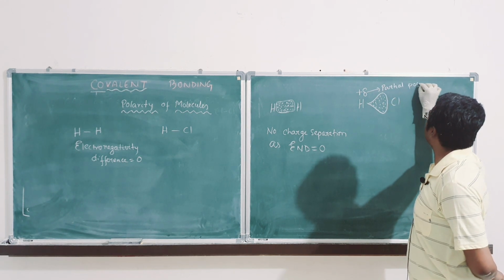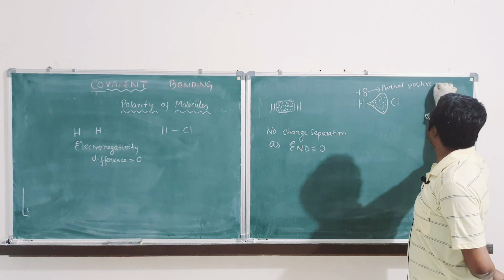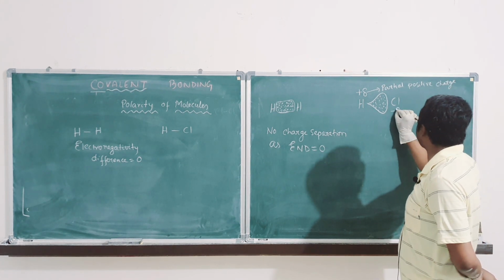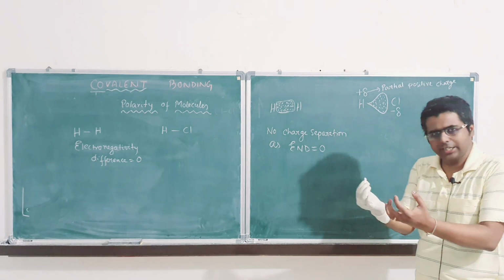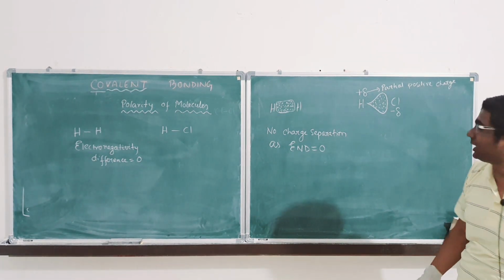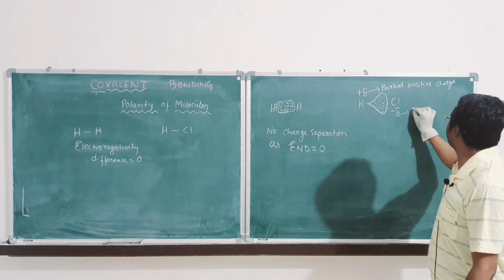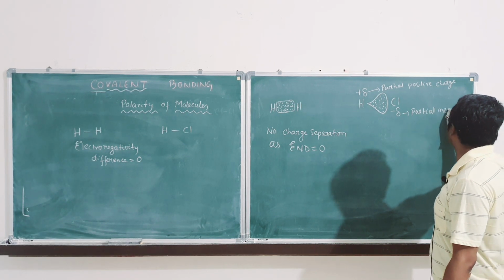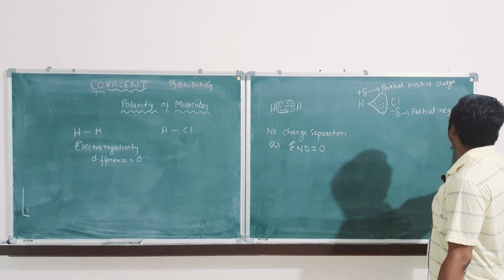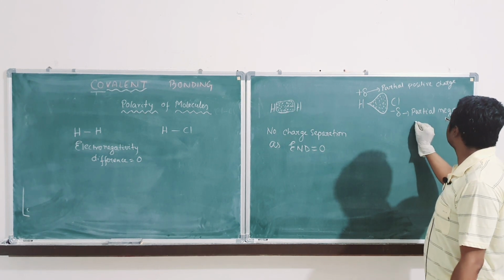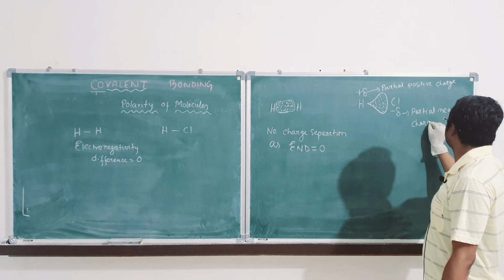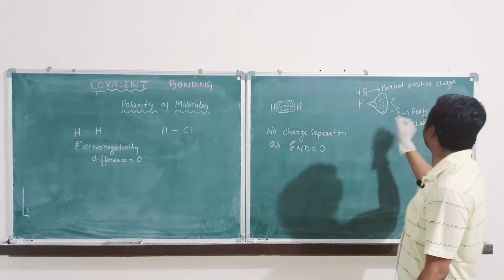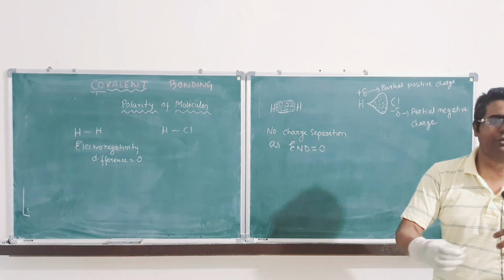Okay, and chlorine acquires a minus delta because it is having a little more electron cloud towards itself. That is partial negative charge.